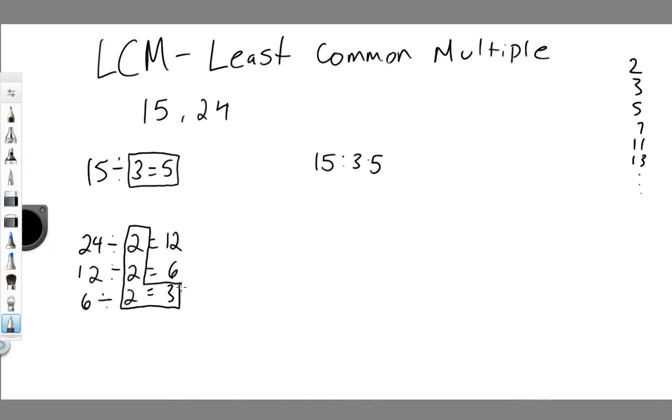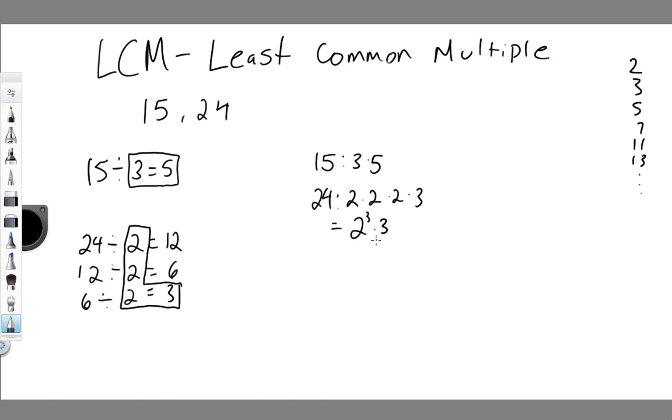There's our L. And so we end up with 24 equals 2 times 2 times 2 times 3. For LCM, you should write using powers. So 2 times 2 times 2 is the same as 2 exponent 3, and then we've got 3.